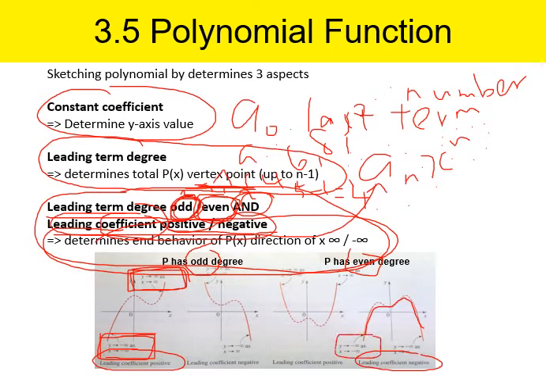That's to say that when our x goes to very far negative infinity, our y will go to negative infinity. Then when our x goes to positive infinity, very far away, we're expecting our y will become a negative value there. Okay, it's a bit confusing, right?